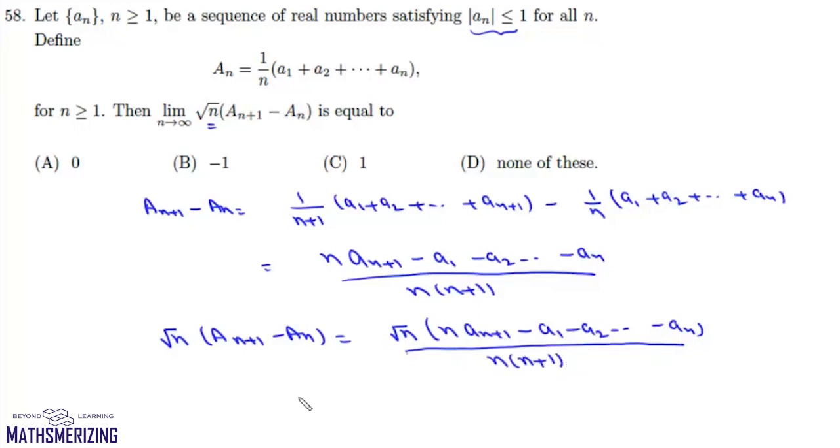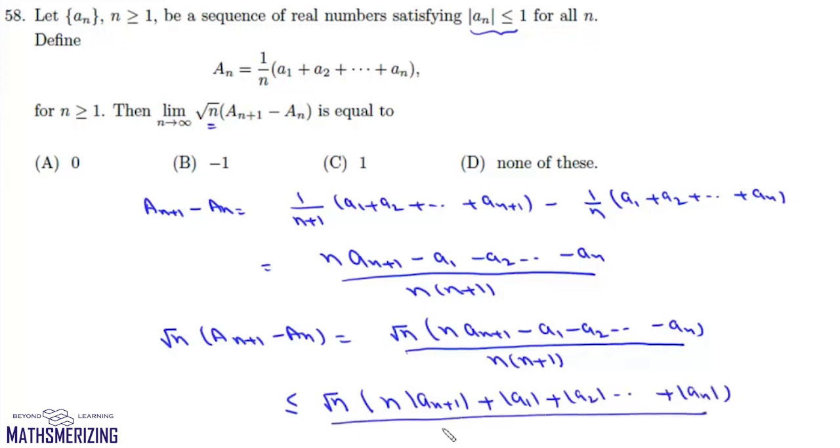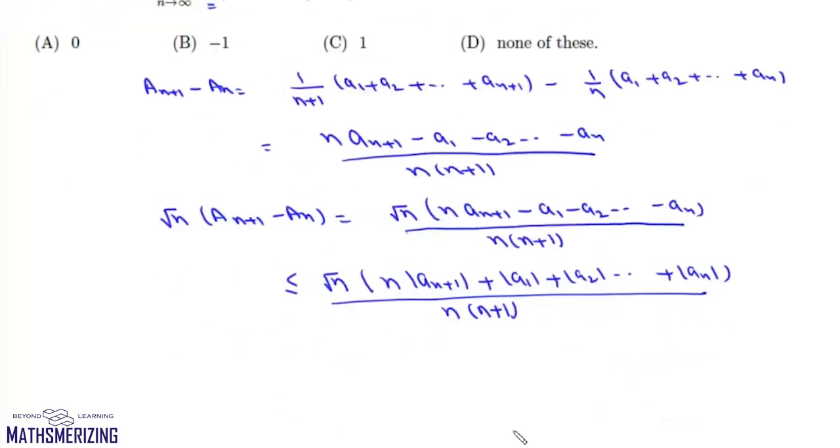Now this expression will always be less than or equal to under root of n, and then (n mod an plus 1 plus mod a1 plus mod a2 plus ... plus mod an) upon n into (n plus 1).